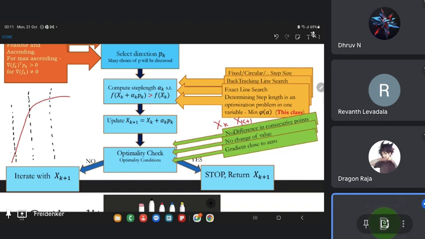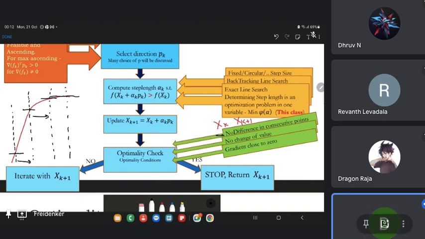Here your function value is something. After you moved in this direction, your function value is bigger. After you moved again in the same direction, the function value is getting bigger, but the change is not much. And probably after you move again in the same direction with the same step length, the function value is not increasing much. So it means you're probably very close to the maximum point. That is the intention.